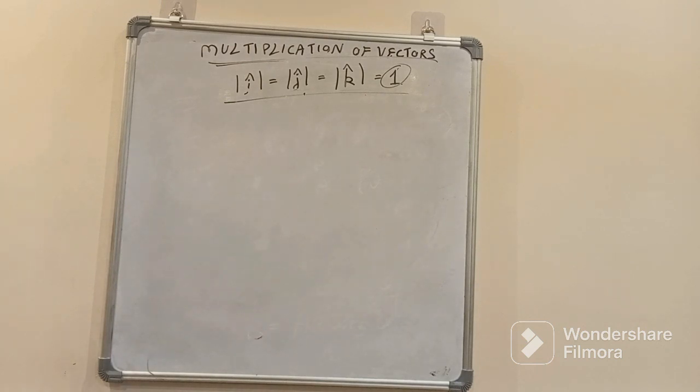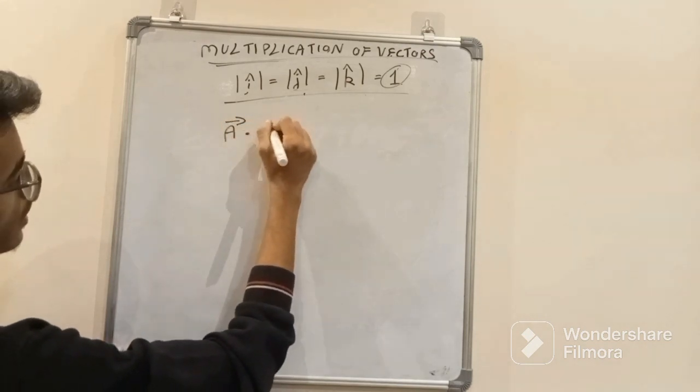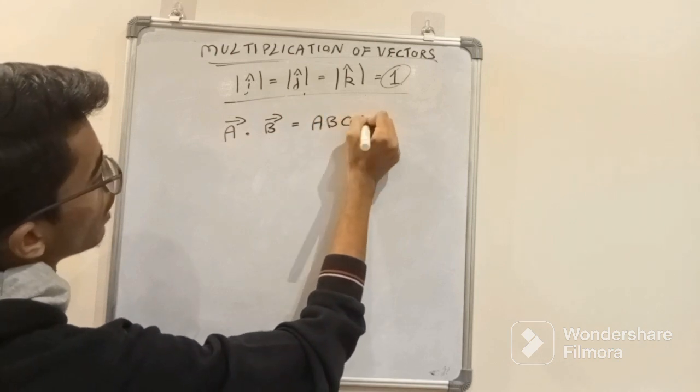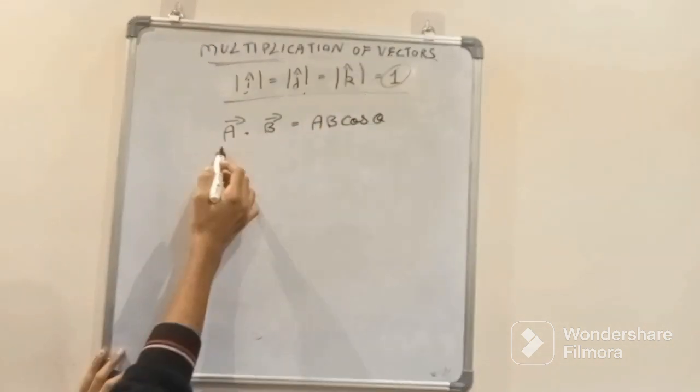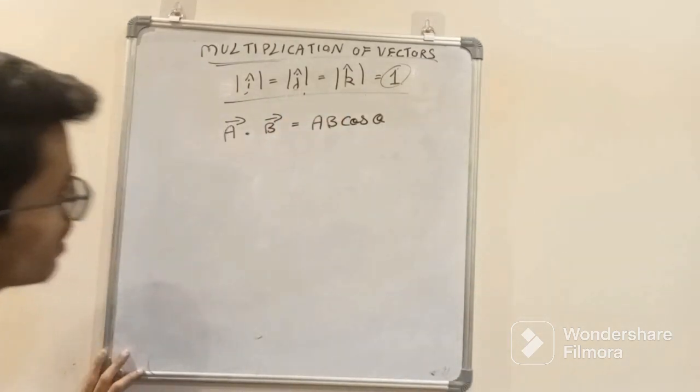Now, A vector dot B vector is equal to AB cos theta. अब हम A और B ले या फिर I J that depends on the question.